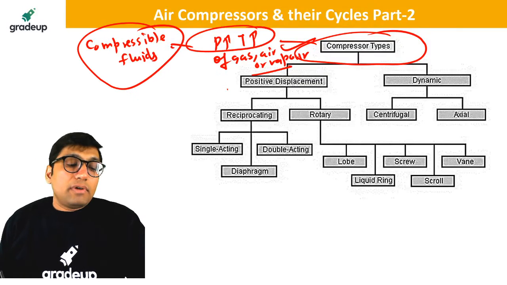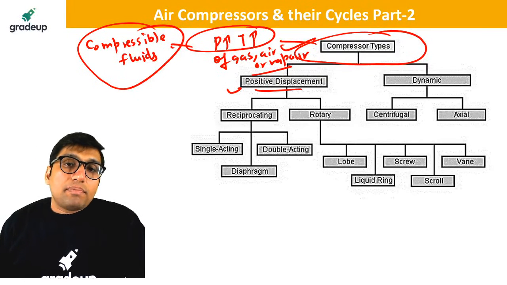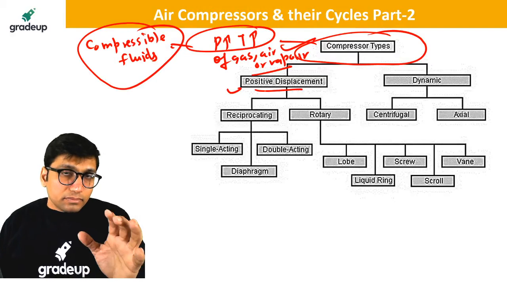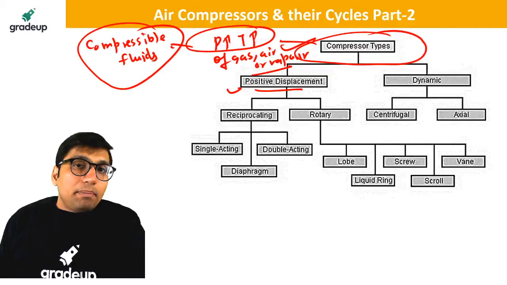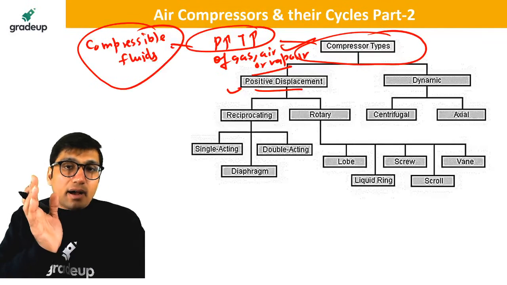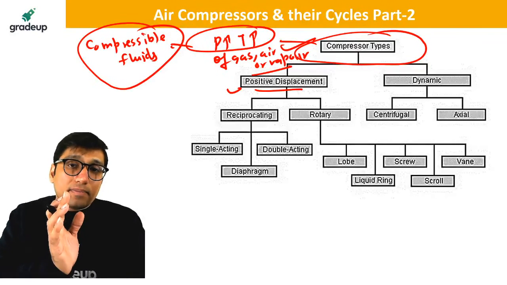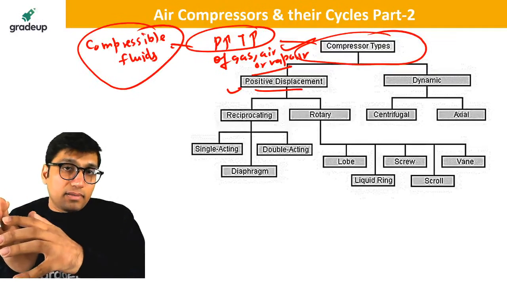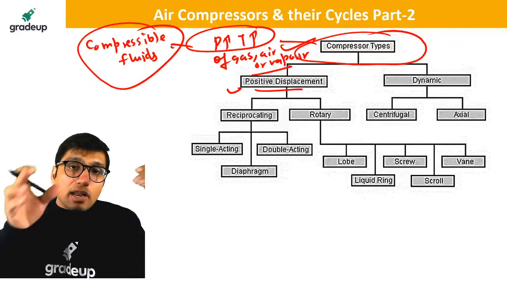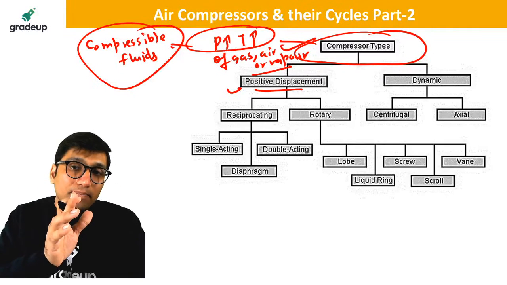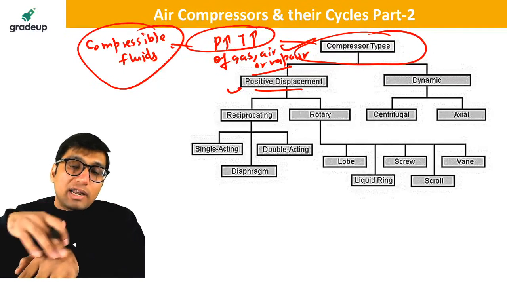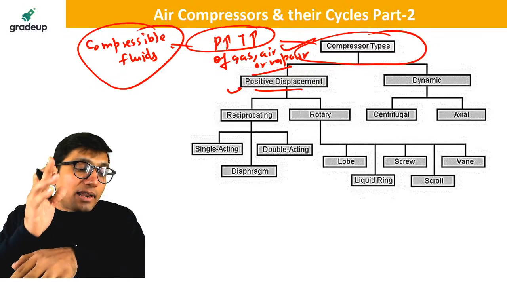These compressors are of different types. It can be a positive displacement compressor. Positive displacement compression simply means that in these compressors, some gas will be placed inside either a reciprocating device like a cylinder, or a rotating device. In that, the air will get compressed.